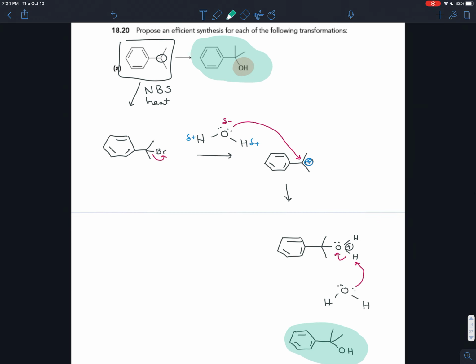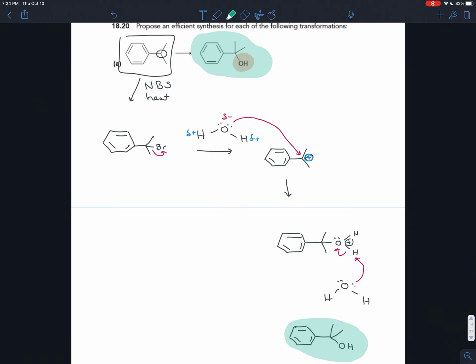So, the explanation for this one took a little long. You'll see that the next few will be much faster, but that's because I wanted to walk you through exactly how this NBS and heat reaction works, because it ends up being a really significant reaction. It allows you to place a halogen on the molecule at the benzylic position, and that opens the door to elimination and substitution reactions. In this case, it was an SN1 reaction because this was really bulky.